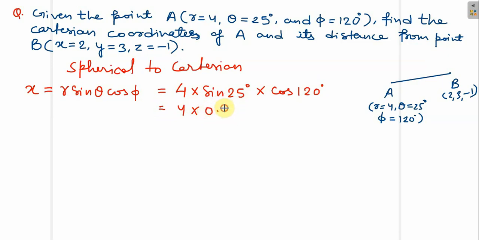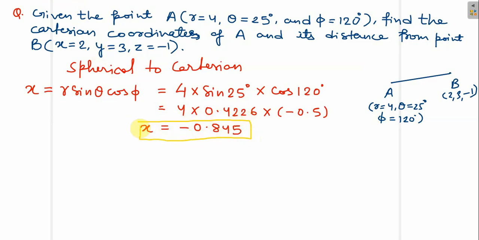This is 0.4226 multiplied by cos 120, that is minus 0.5. Okay, so after calculating all this, the answer will be minus 0.845. So this is the value of x. Okay, so this x we have calculated.